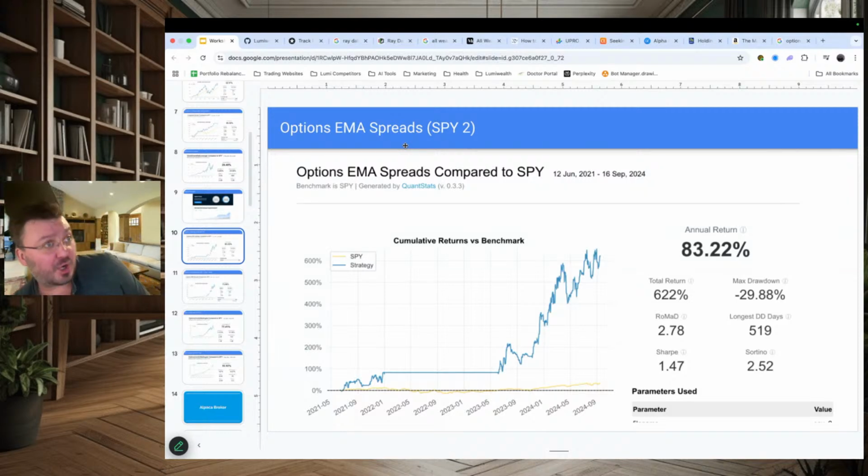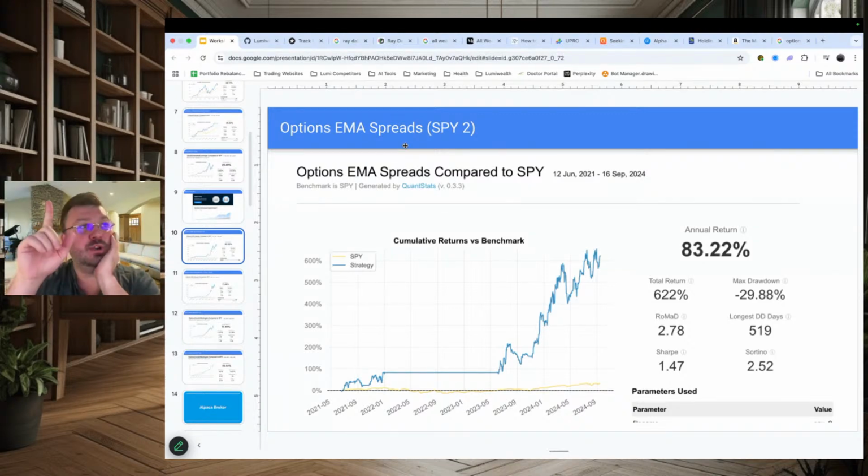So are we in a bear market, or has it been trending upwards for a while? If it's been trending upwards, that's another check mark, right? And we go through a few series of check marks like that to make sure that we're in a good position, right? Volatility is low, market's trending up, things are going well. If all those things align, then we're going to be buying call spreads on the SPY in this case.